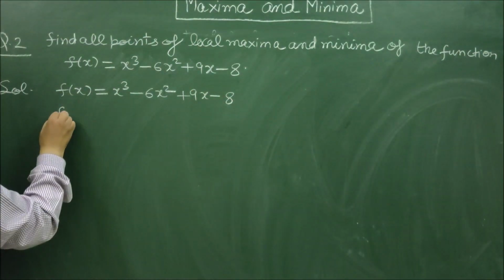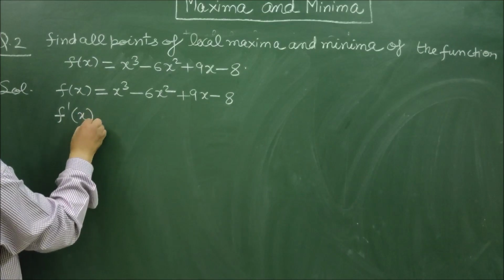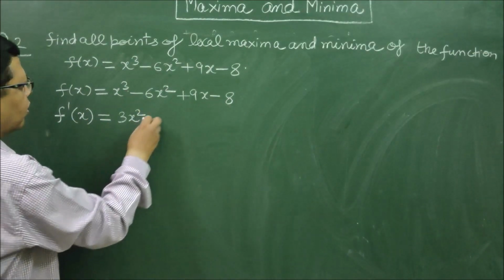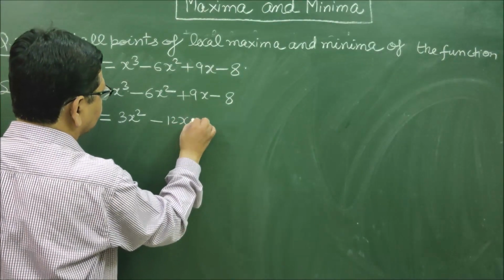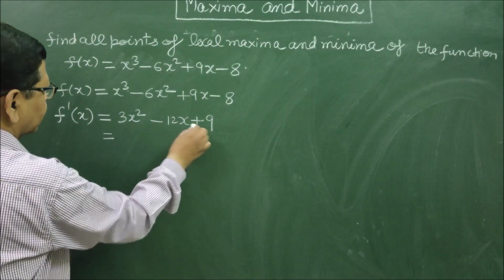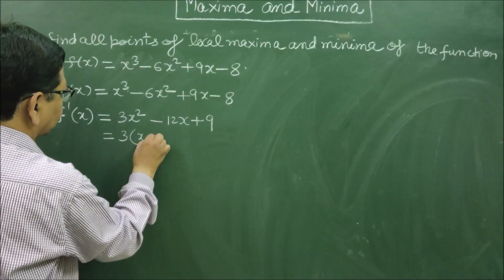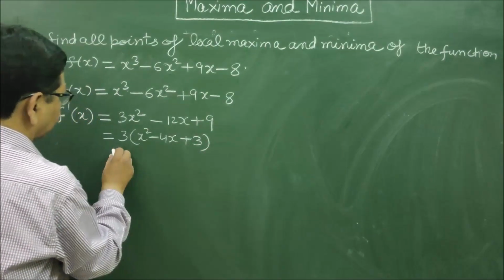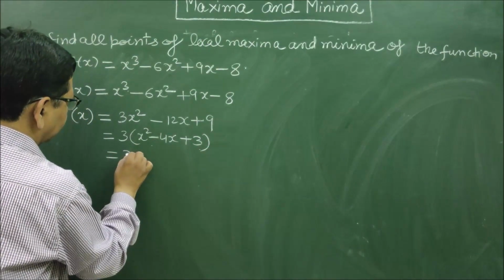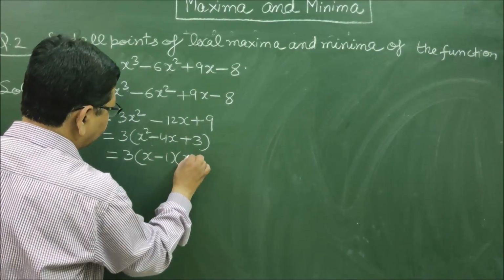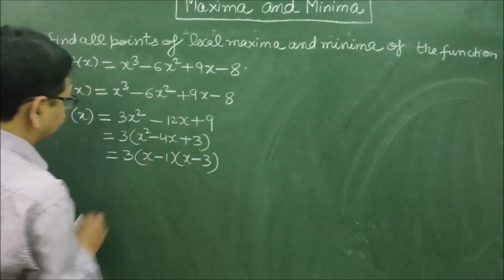Let us find the first derivative of the function: f dash x is equal to 3x square, derivative of x cube, minus 12x plus 9. 3 is common, so 3 into (x square minus 4x plus 3). On factorizing it, 3 into (x minus 1) into (x minus 3).